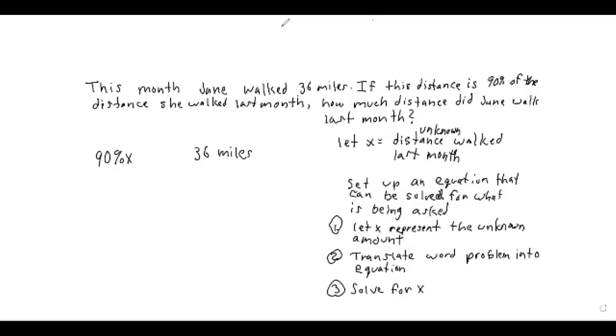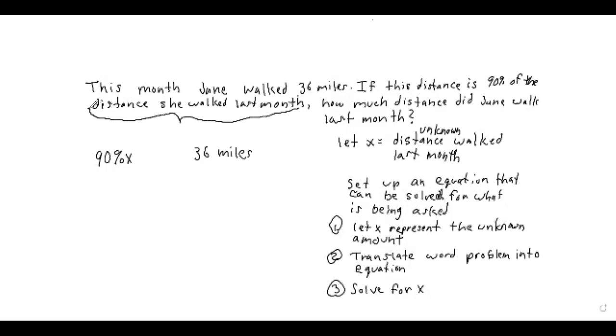And then we go back and read the question. So what's going on with this distance that Jane walked last month? Well, it says this month Jane walked 36 miles. And then it says if this distance is 90% of the distance walked last month. So you should know that when you're converting from word problems to math problems, there are certain English words that translate directly into math operations, right?